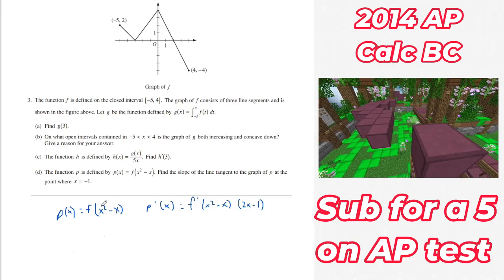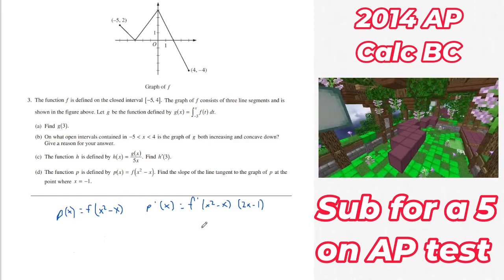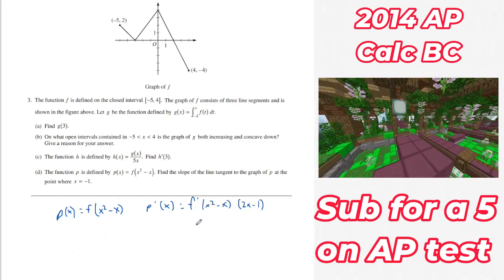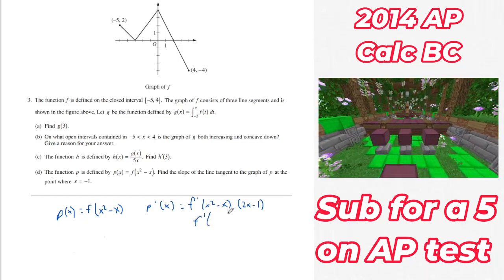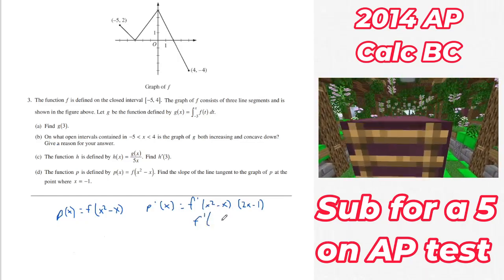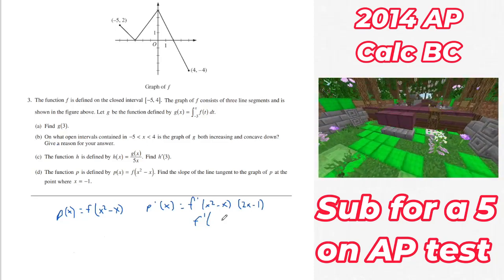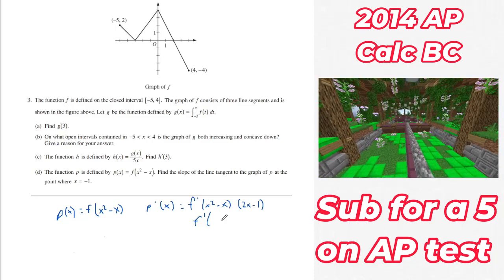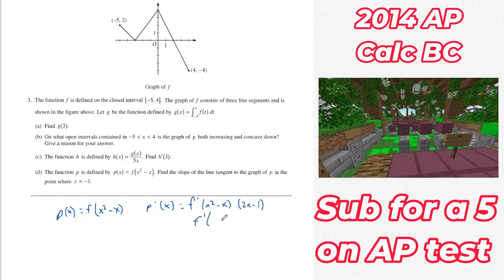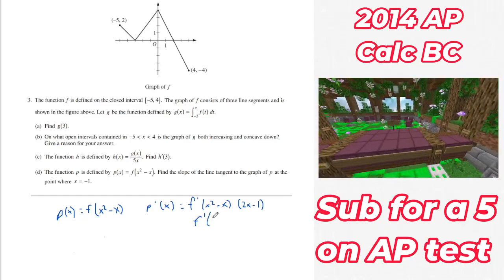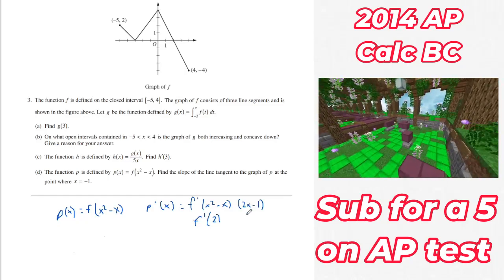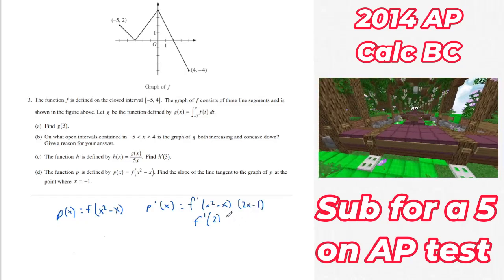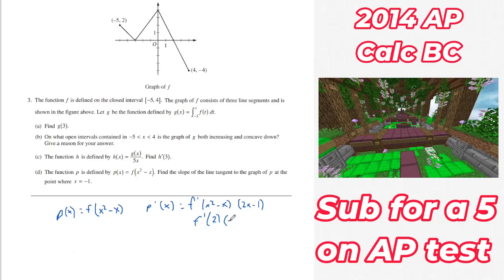And now we're just going to evaluate when x is negative 1. So this is going to simplify down to f prime of, what is this going to be? f prime of negative 1 squared minus negative 1, which is going to be 1 plus 1, 2. And here we're going to have negative 2 minus 1, so this is going to be negative 3.